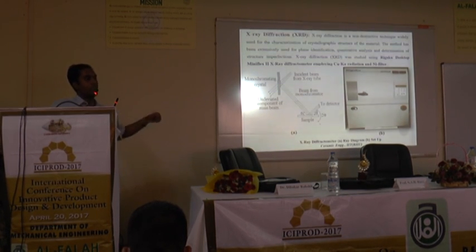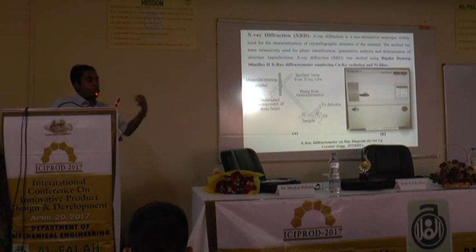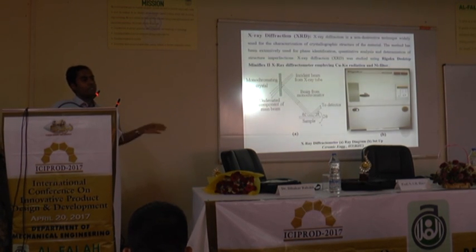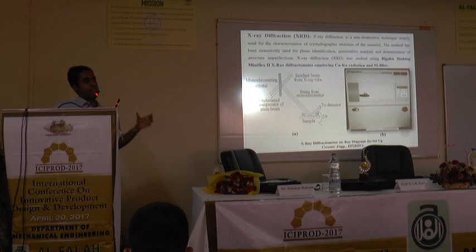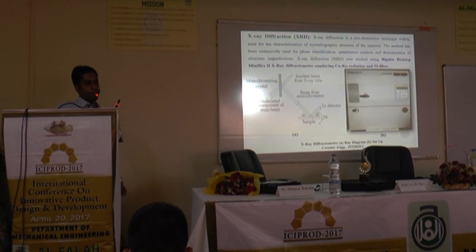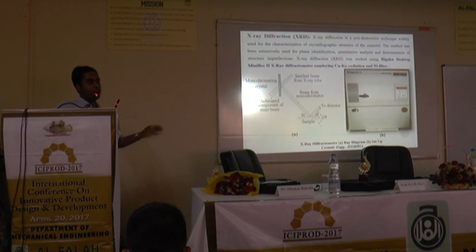In order to derive the new compounds, we have to study the X-ray diffraction pattern. Nano size structure can also be determined using this particular technique by using the formula of Scherrer: 0.9 lambda upon beta cos theta, by virtue of which you can also determine whether the substance or the compound which is formed is in nano size or not.